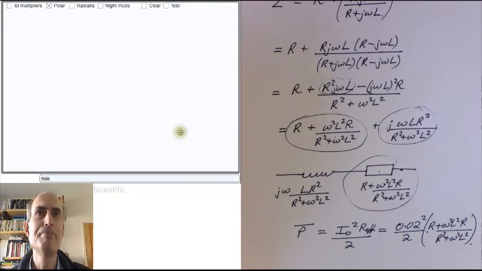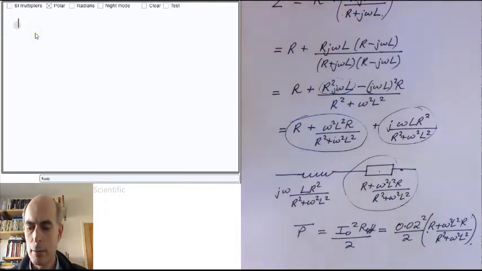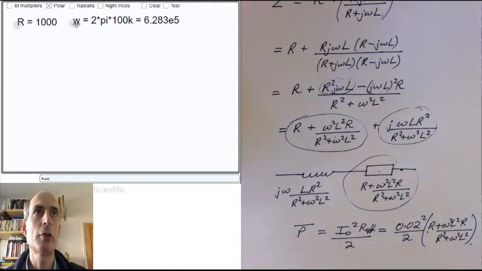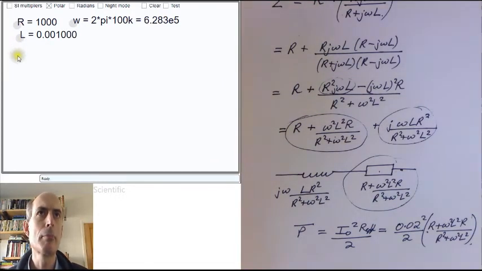So let's have a go. R, my resistance, is 1K. Omega, the angular frequency, is 2 times pi times 100 kilohertz. And L, my inductance, is 1 millihenry.